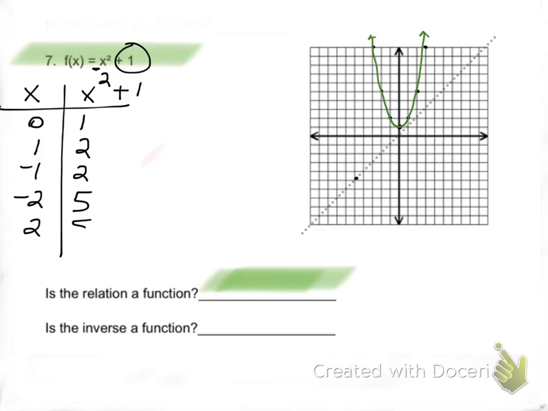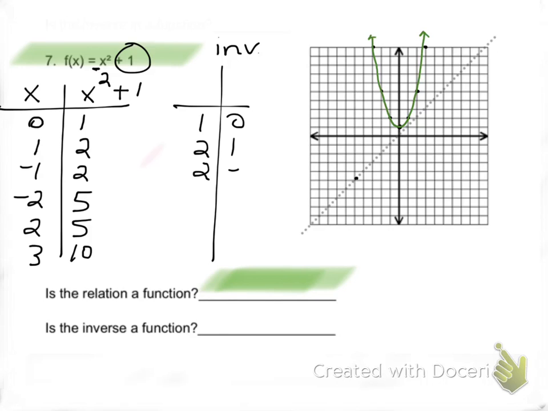Positive 2 is 5. And 3 is 10. Then when you go to plot your inverse, you can just swap the points. You can have (1, 0), (2, 1), (2, -1), (5, -2), (5, 2), and (10, 3). Okay, and that's going to plot our inverse.